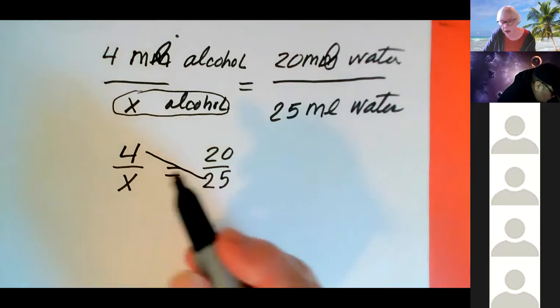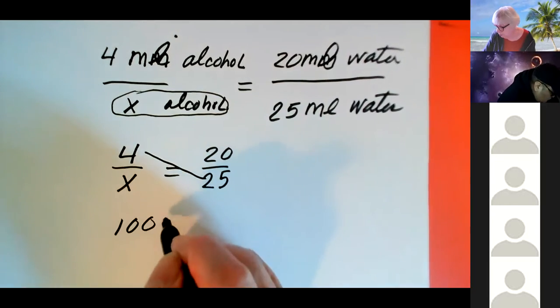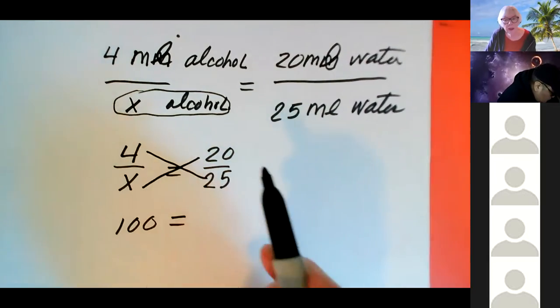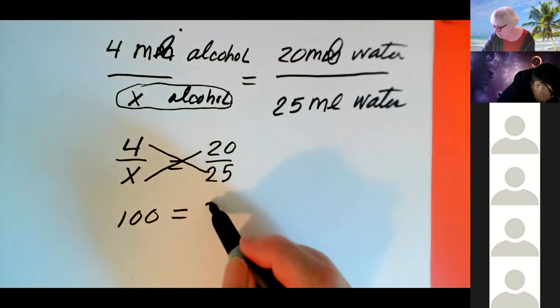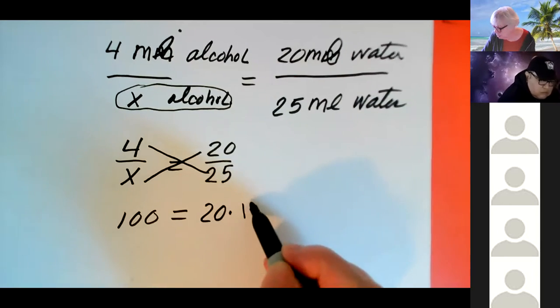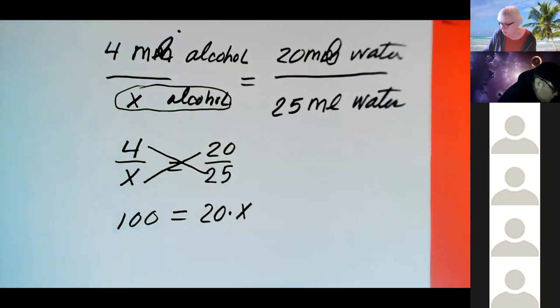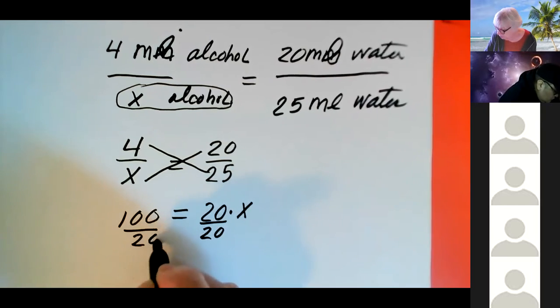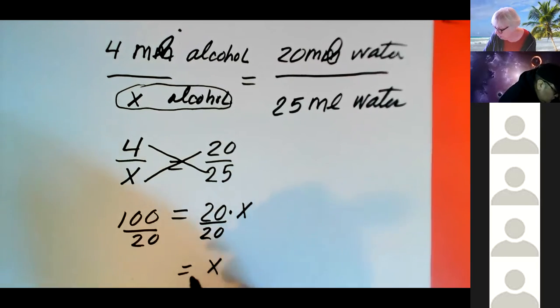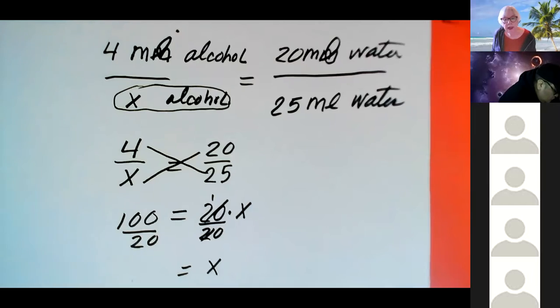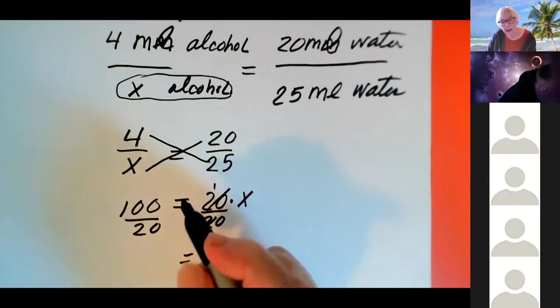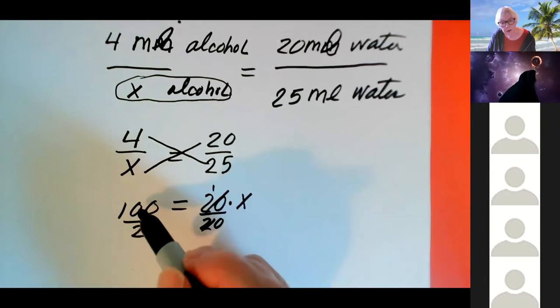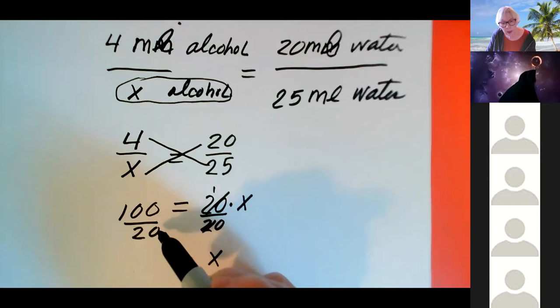4 times 25 is 100. X times 20 is written as 20x. We do our little divide thing. So the 20s cancel. Now, the thing about zeros, I have 2 zeros here and 1 zero here.